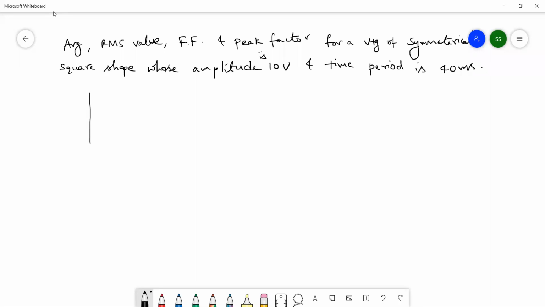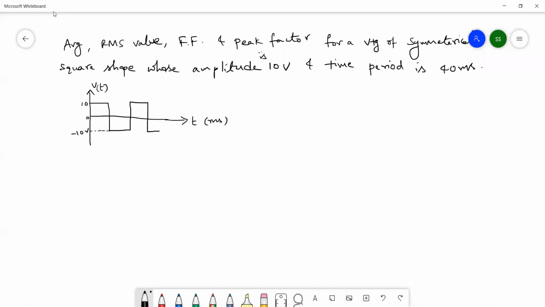So the given waveform is a symmetrical square shape, right? They mentioned the time period of 40 milliseconds, so your x-axis is in milliseconds. The amplitude is a maximum of 10 for v of t as positive, and for negative it should be minus 10 volts.